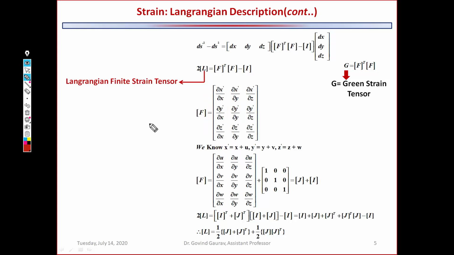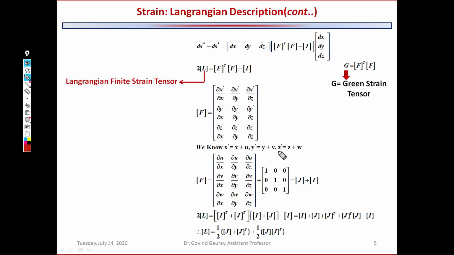Similarly, these values of y dash will go over here, over here, and over here. Again, we will partially differentiate it with respect to x, with respect to y, and with respect to z.